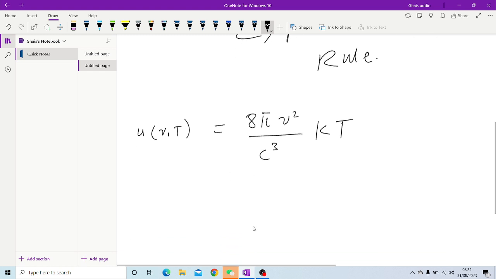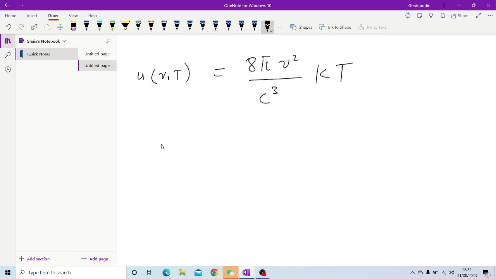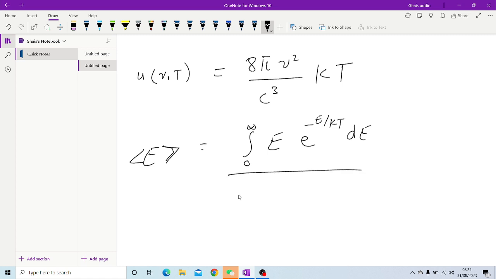From the equipartition theorem, the average energy is equal to the integral from 0 to infinity of E e to the power minus E divided by kT dE, divided by the integral from 0 to infinity of e to the power minus E divided by kT dE, and this is equal to kT.